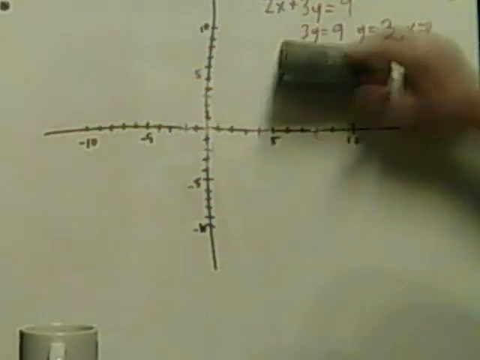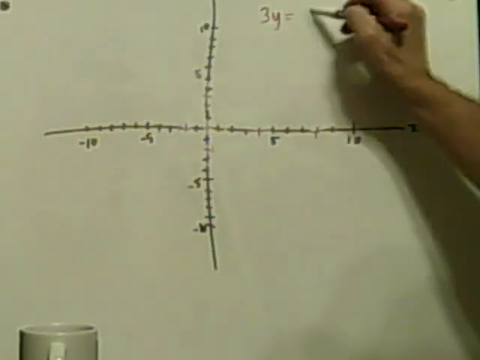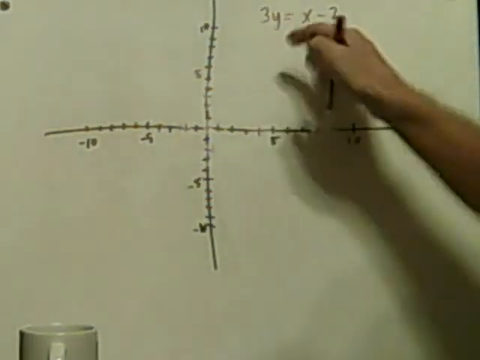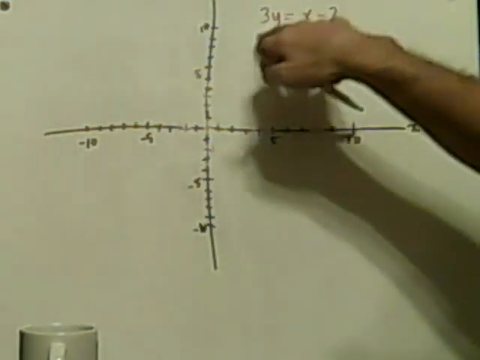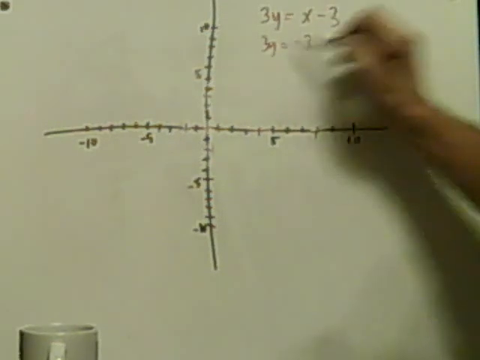Okay. Now let's go to 32. 32 reads 3y equals x minus 3. When x equals 0, 3y is equal to negative 3.